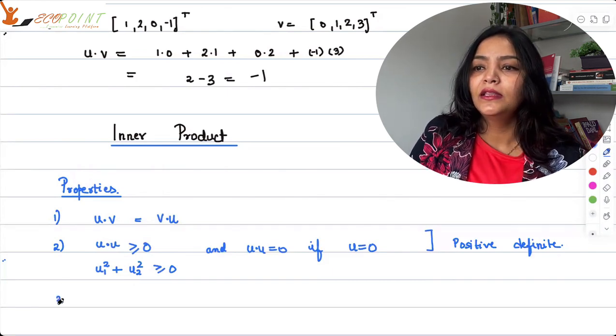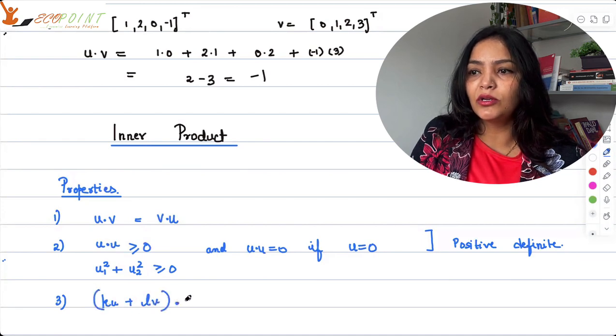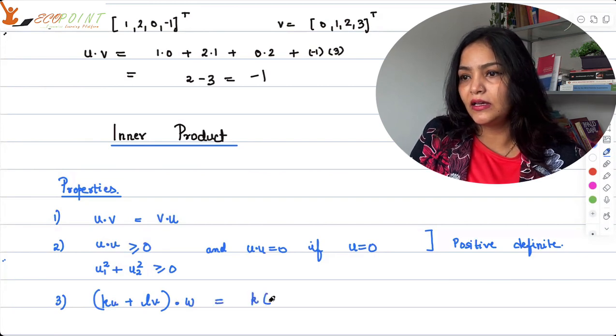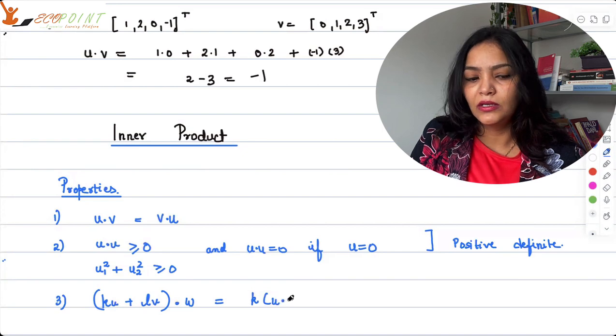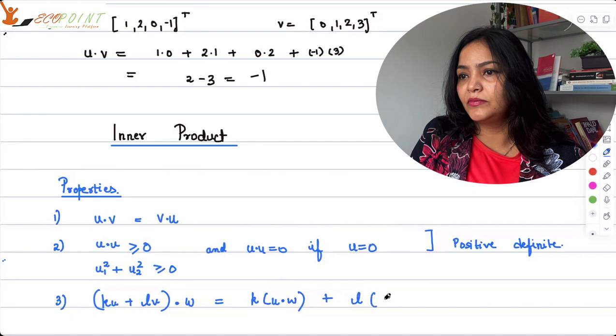Okay? Number 3, the property: if you take k times u plus L times v and take its dot product with w, it is the same as k times u dot w plus L times v dot w.